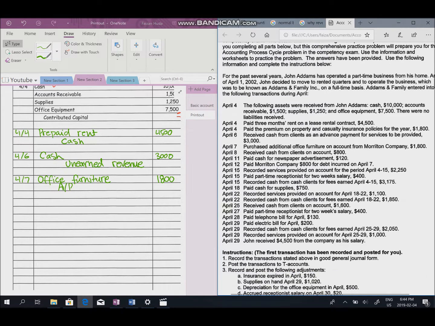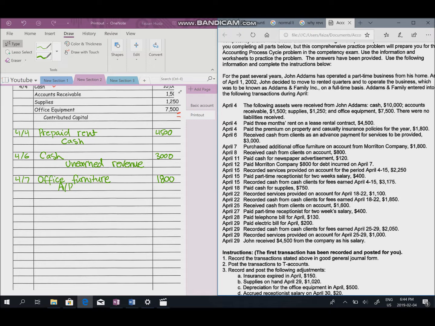Moving on to our next journal entry, April 8th. We received cash from clients on account. Keyword here is receiving cash on account. This means our cash goes up since we received cash.